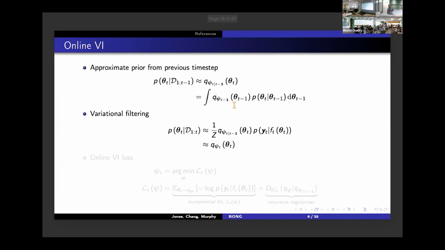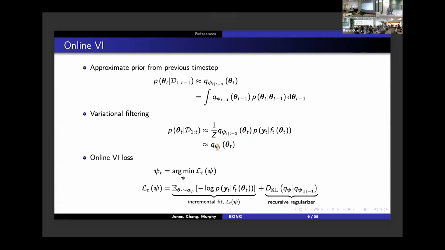For the update step, we approximate the exact Bayesian posterior by what you would get from updating with the approximate prior. So you carry this approximate prior here into the update step, and then you approximate this line using VB, right?